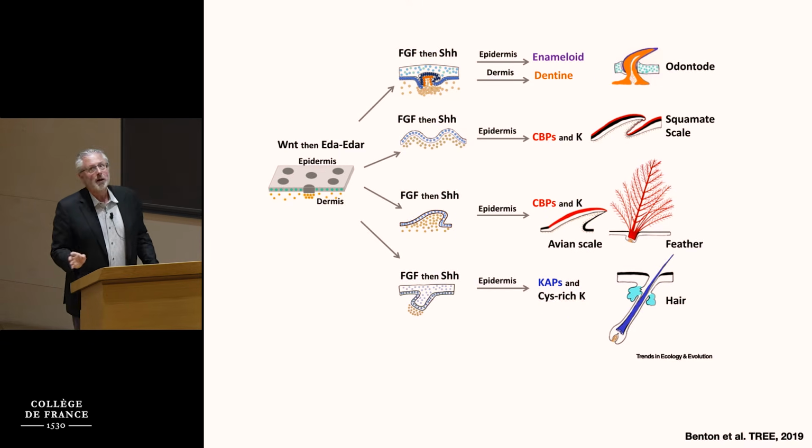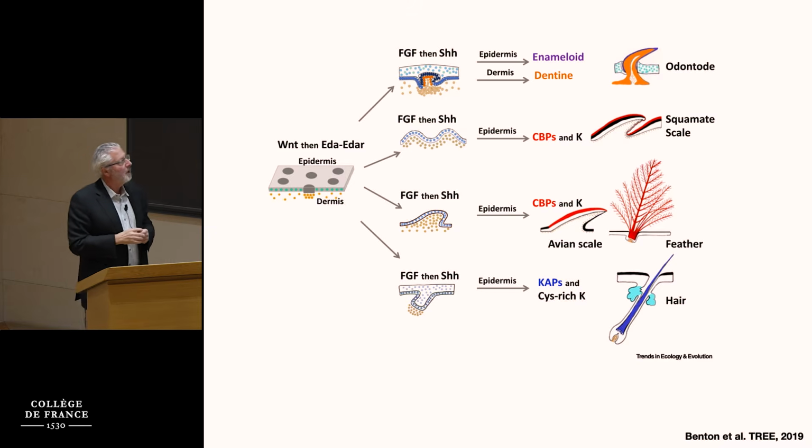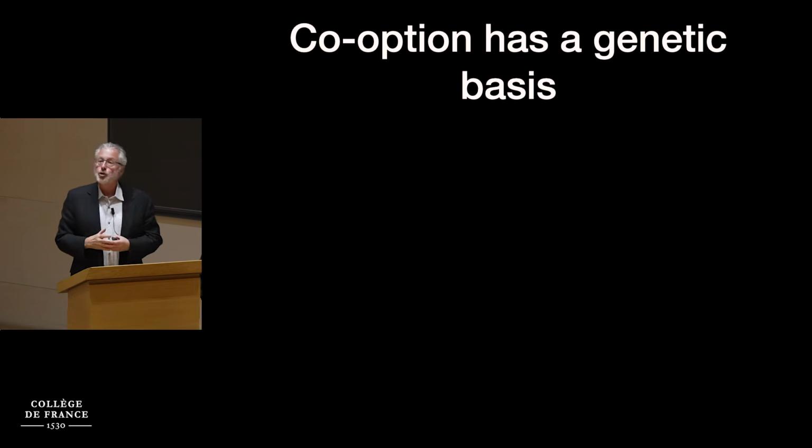Now, the key thing here, and I want to talk about this, is there's a deep genetic basis for these things as well. What I'm talking about here is the anatomy of development, right? How these cells get together. But there's also, when you look at it, a deep genetic basis. And I want to take a minute to talk about how this co-option can have a true genetic basis.